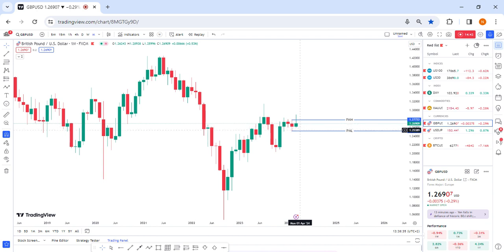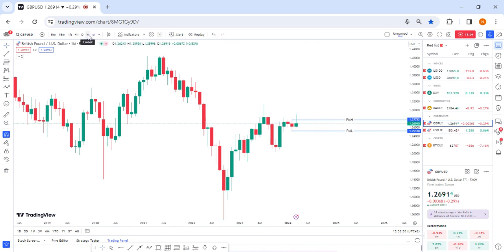Could we be seeing it close bearish, below this previous monthly low, maybe into this fair value gap here, and then continue pushing up, or will we just see it push down for the months to come?